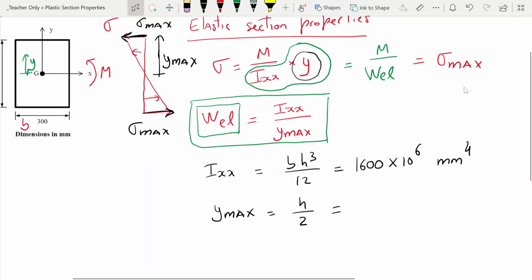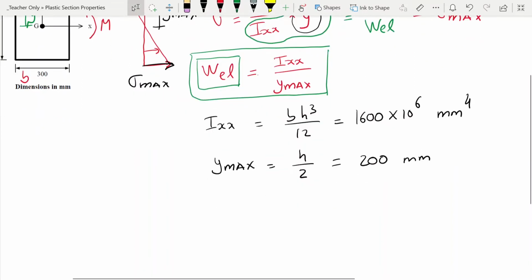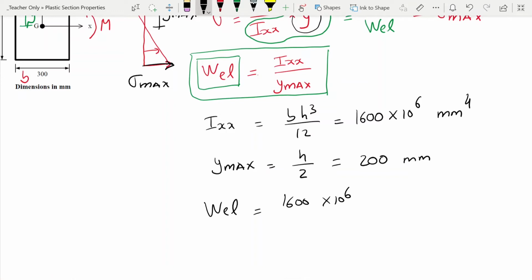So in this case, it will be 400 divided by 2, so it's 200 millimeters. Which means that for this section, the elastic section modulus is the 1600 times 10 to the 6 divided by 200, which should give you 8 times 10 to the 6 millimeters to the power of 3.